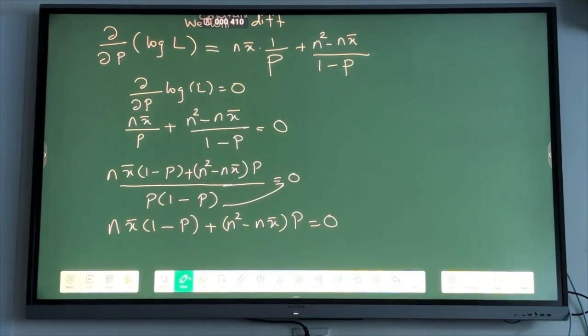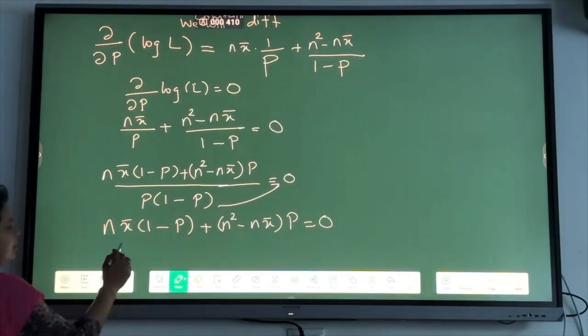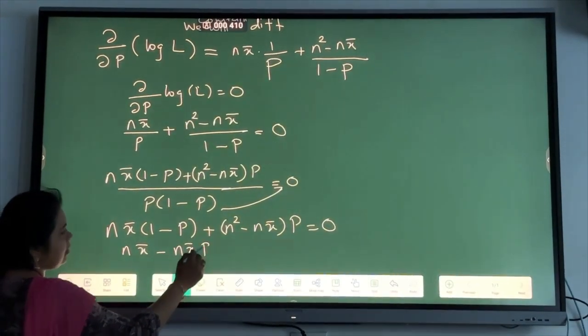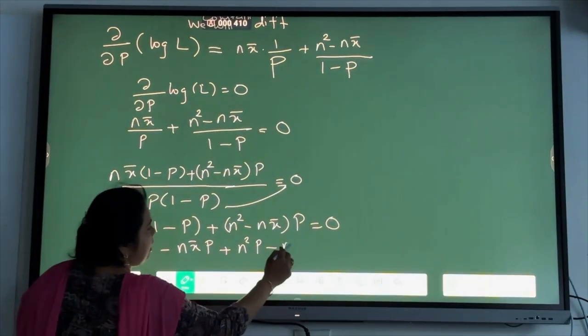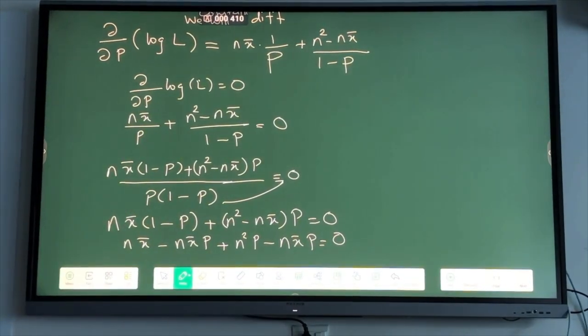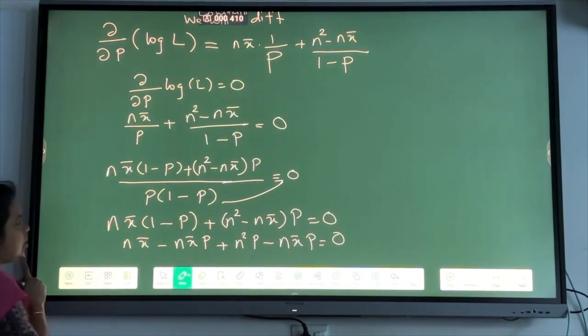Got it? Multiply 1 by 1 term inside. nx bar minus nx bar P plus n square P minus nx bar P equal to 0. Now these two terms are getting cancelled or not?